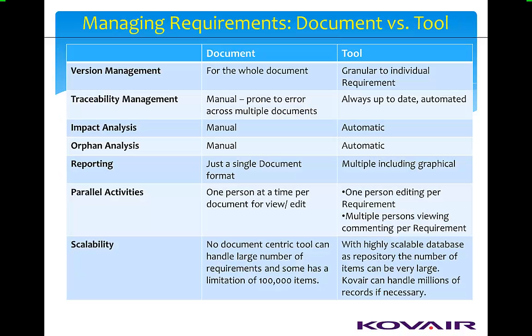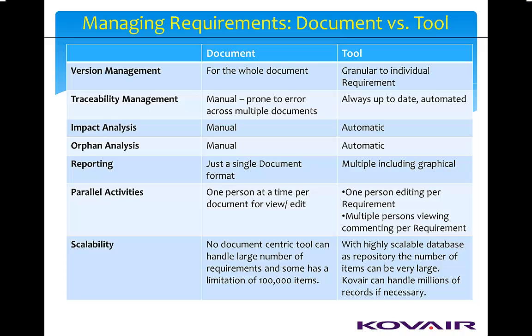Here is a brief comparison of some of the benefits of managing requirements with a tool versus the document. First, version management. With a document, we typically check out and version the entire document, whereas with a tool, we can easily version individual requirements. With a document, traceability management is normally a manual process.